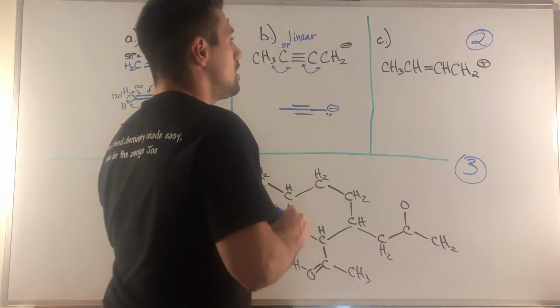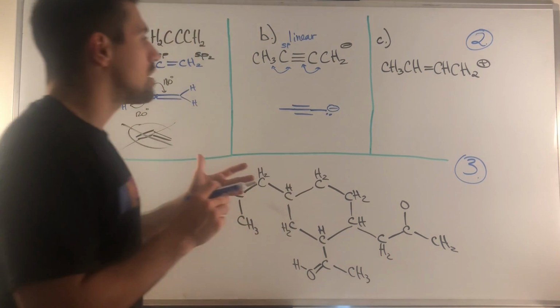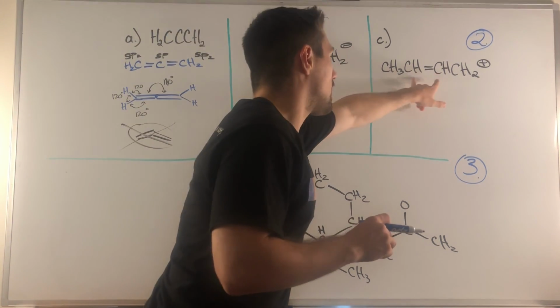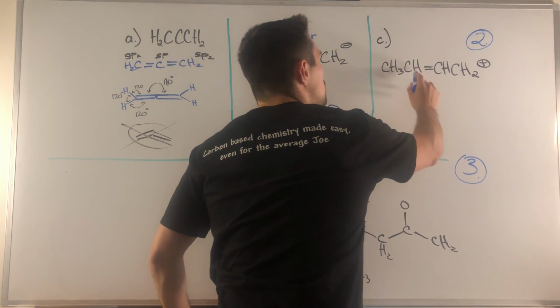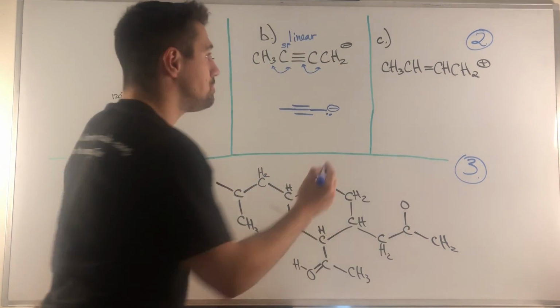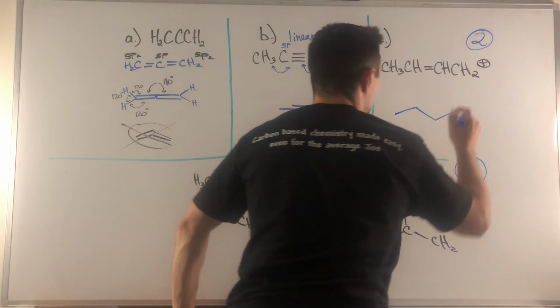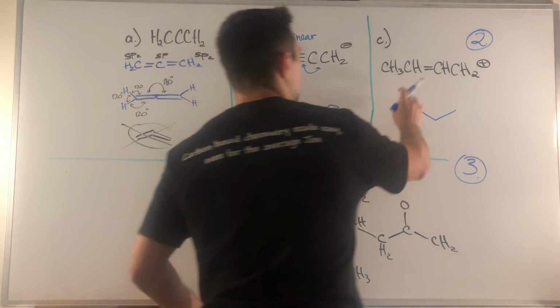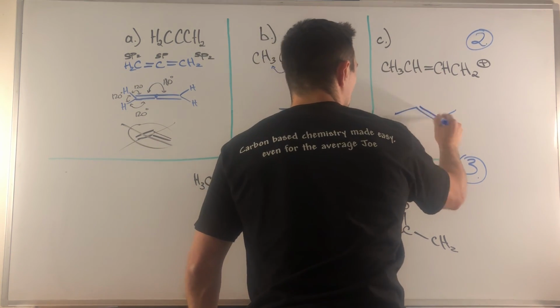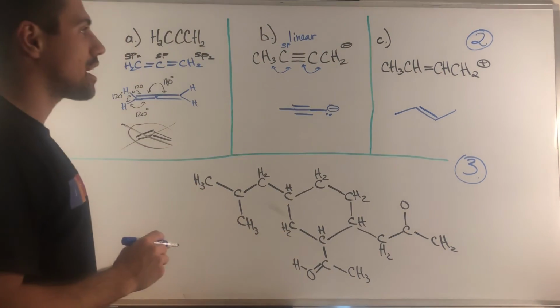Moving on. So if we look here, the one thing we have going on is the double bond right here. So I can take care of these 2. I have 1, 2, 3, 4 carbons in my chain. If I draw them like this, I don't have to worry about any linear geometry being reflected. I just need to make sure that I include a double bond right here. That takes care of that.